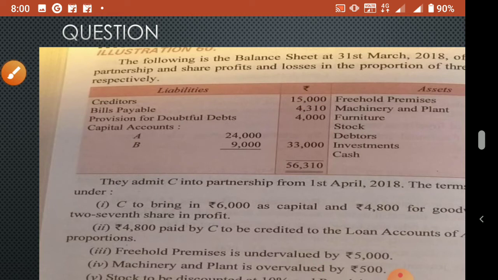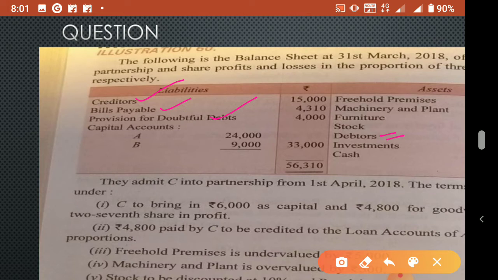Now we will see what items are given in the balance sheet. Creditors given, then bills payable, provision for doubtful debts. Provision for doubtful debts can either be deducted from debtors on the asset side, but instead of deducting it from the debtors account, they have directly given it on the liability side.